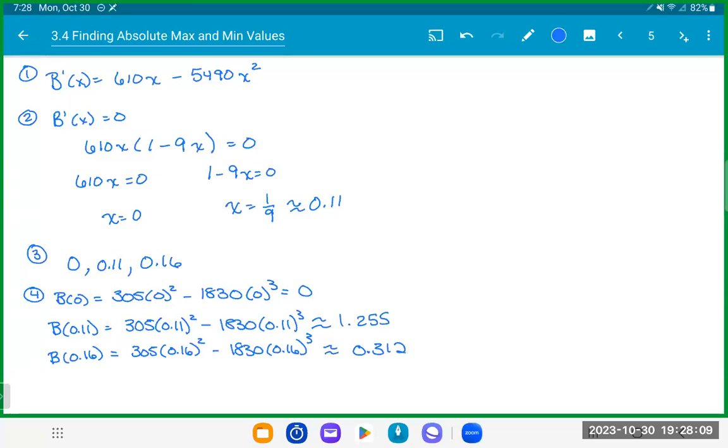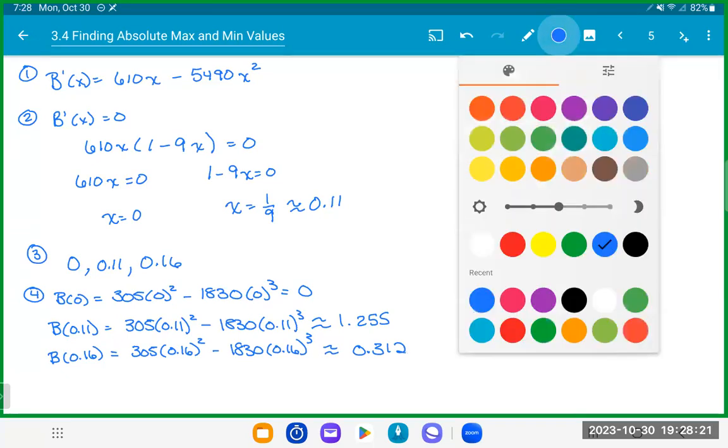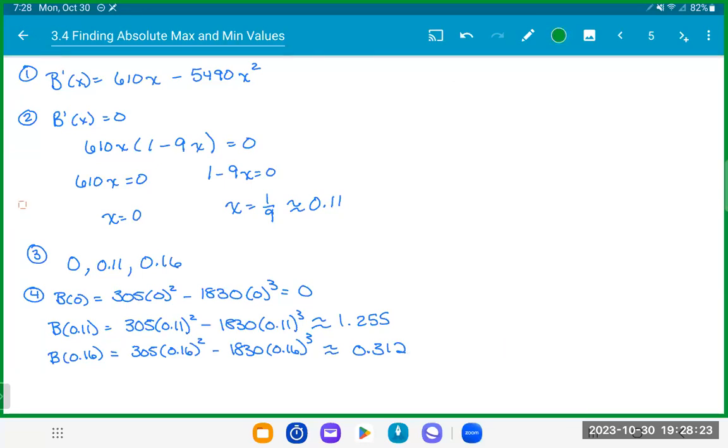Okay. So this problem asked us what is the maximum blood pressure and the dosage at which it occurs. We look at this table of values, and we can see right here, this is the maximum. That is our maximum blood pressure.